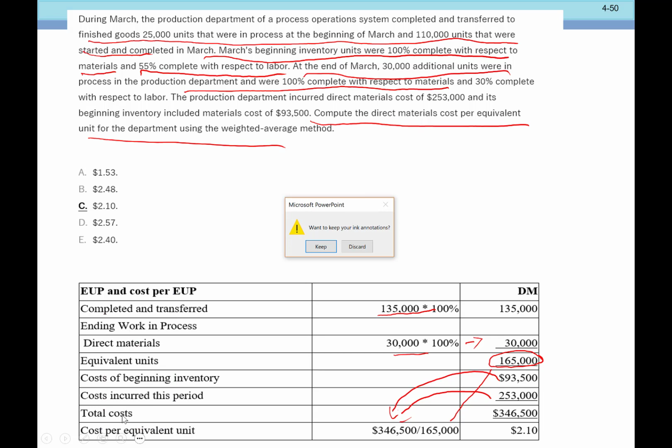When I look at this slide, I'm trying to picture how these numbers are derived. This is looking at the WIP account, the Work in Process department, June 1st, the beginning. The first number, if you look at direct material, is this. It seems like they're looking at the work in process account.